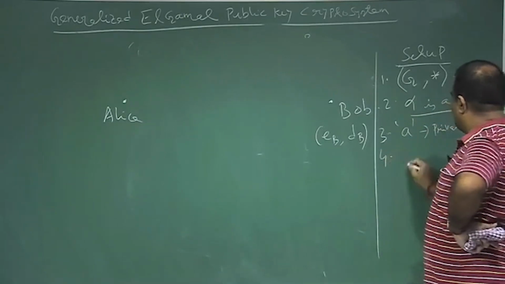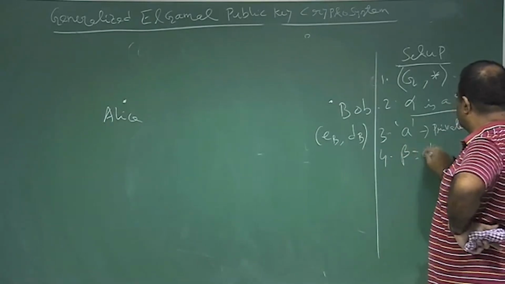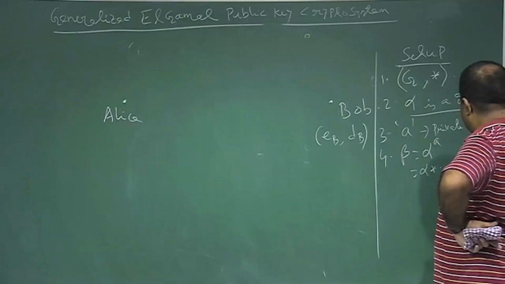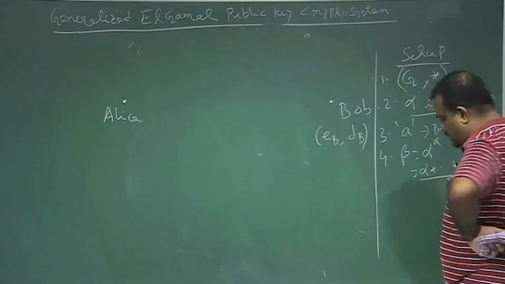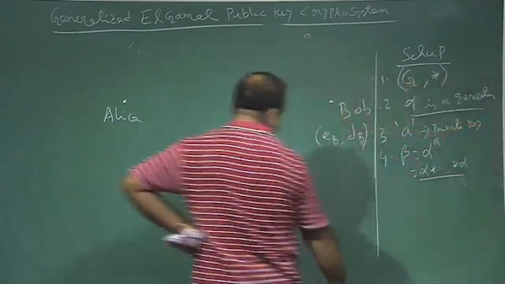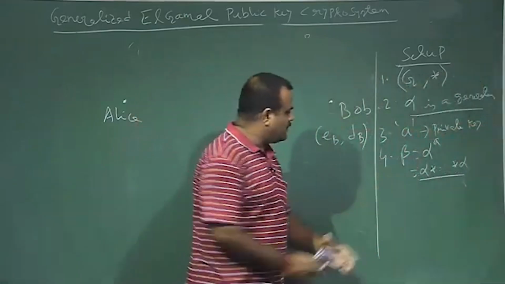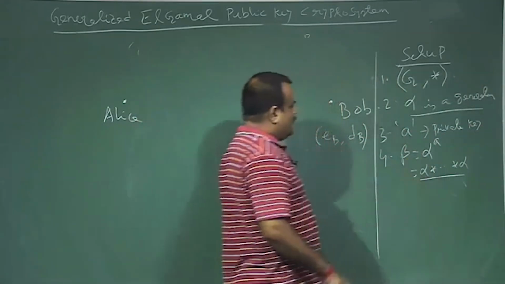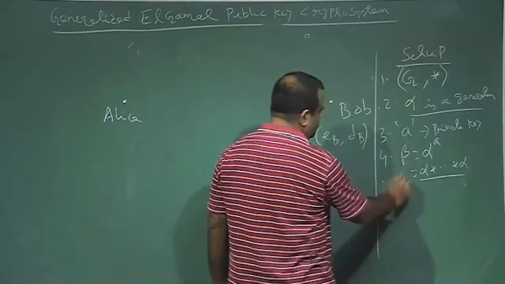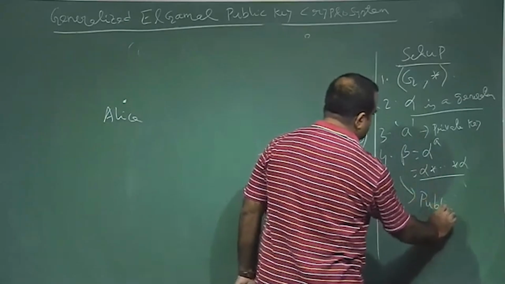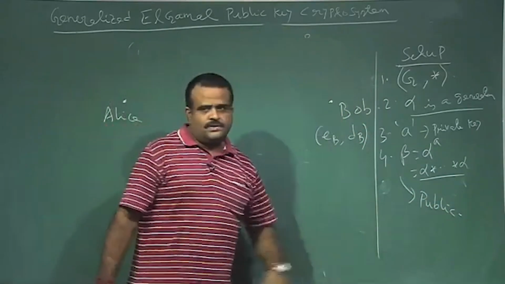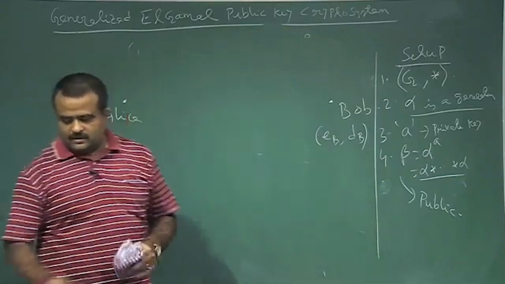Then Bob computes beta, which is alpha to the power a, that is alpha operated a times, and Bob publishes this. This beta is public, and in this group the discrete log problem should be hard.